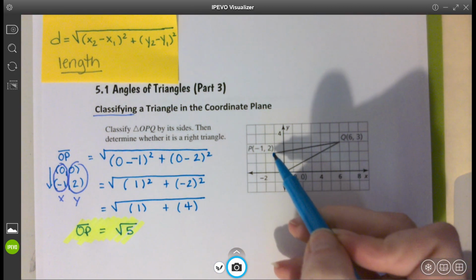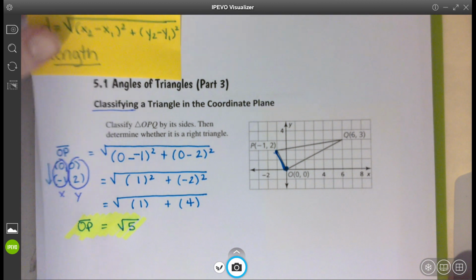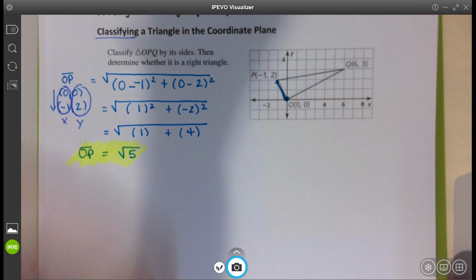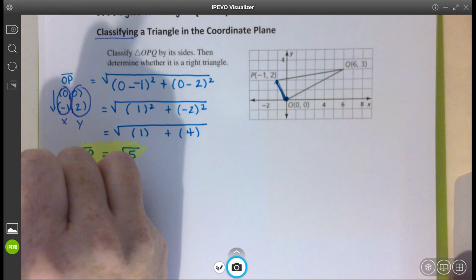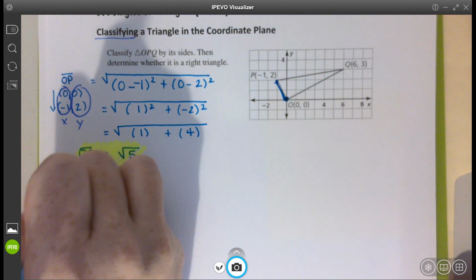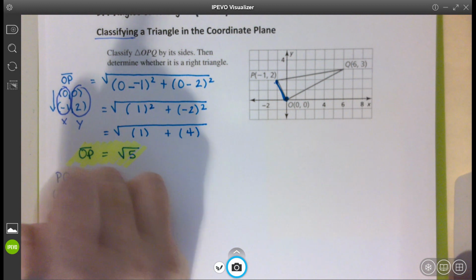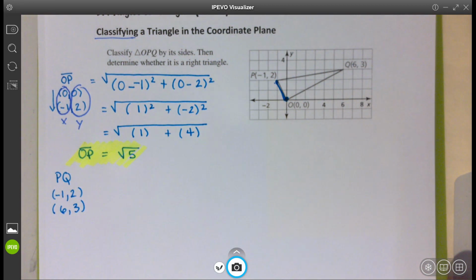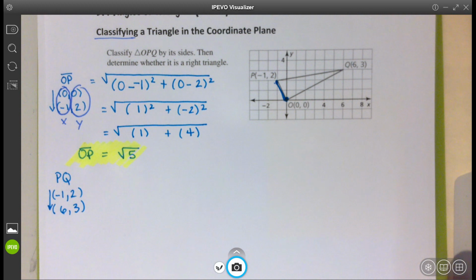So now I'm going to go from P to Q. So P to Q, so here I have P is -1, 2, and Q is 6, 3. So you should pause your screen and try to set up to see if your setup matches my setup. Again, I'm going to plug in from top to bottom.